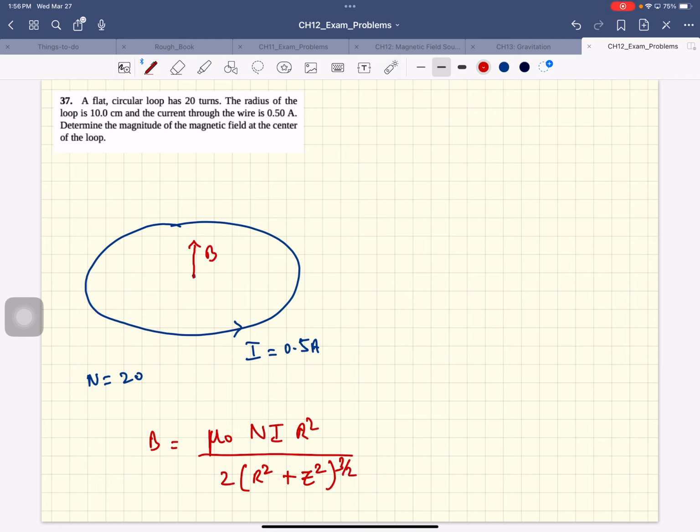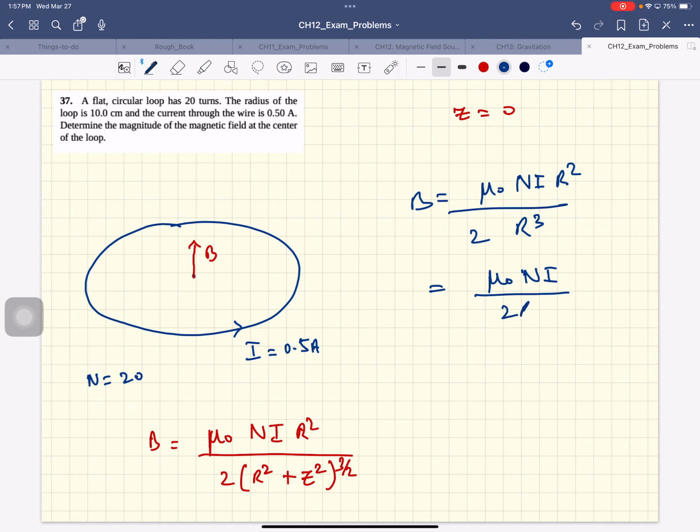Okay. So for us, Z is 0. So B will be mu naught N I R squared over 2 times, with Z being 0, R squared to the power 3/2, which would be R cubed. So B is mu naught N I over 2R.